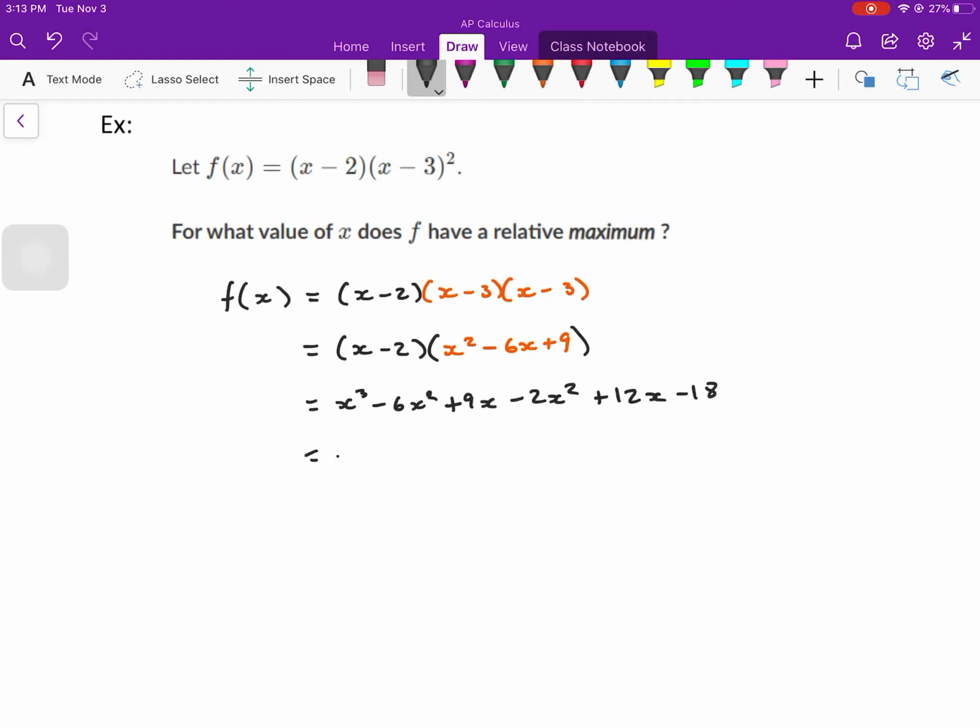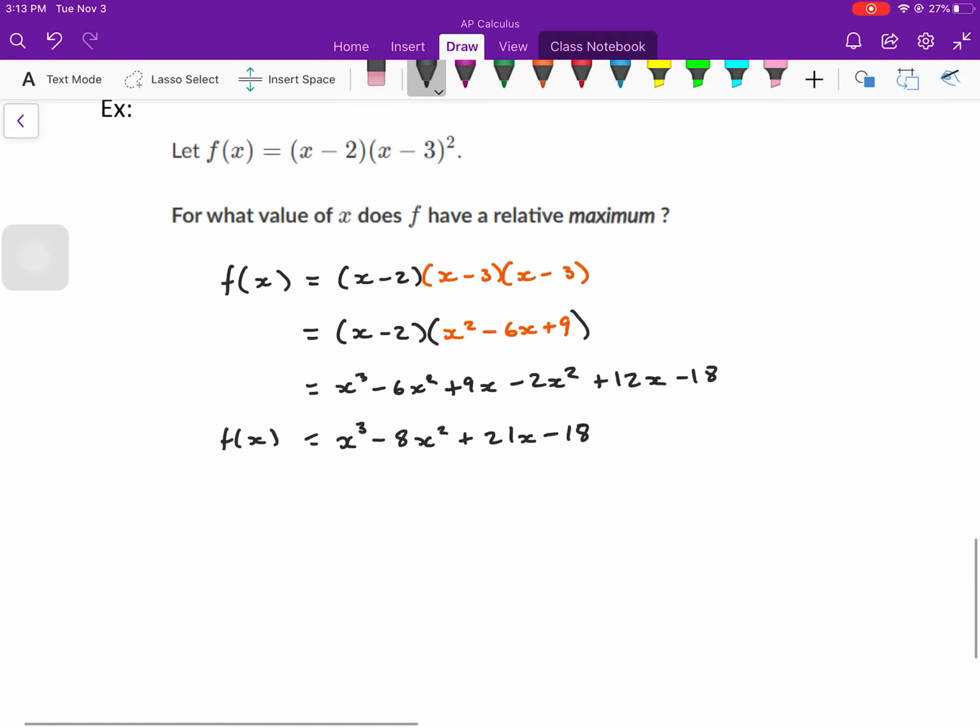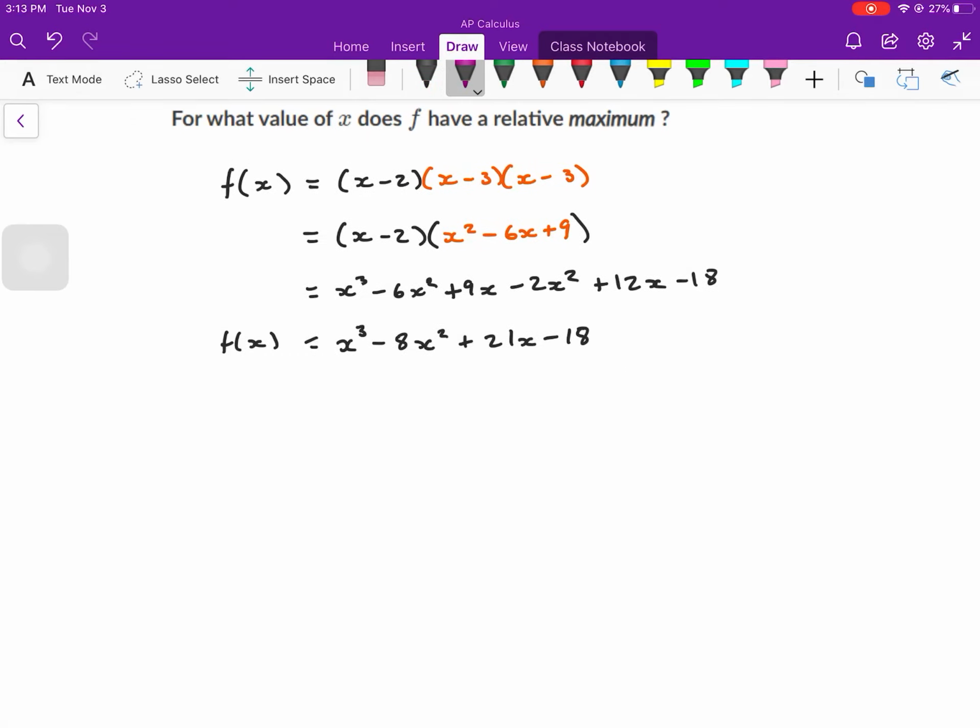We're in AP, so I'm not really showing you all the little steps there. So that is f of x. So for f prime of x, it's 3x squared minus 16x plus 21. Just really hoping this would be something that we could just factor a number out of.